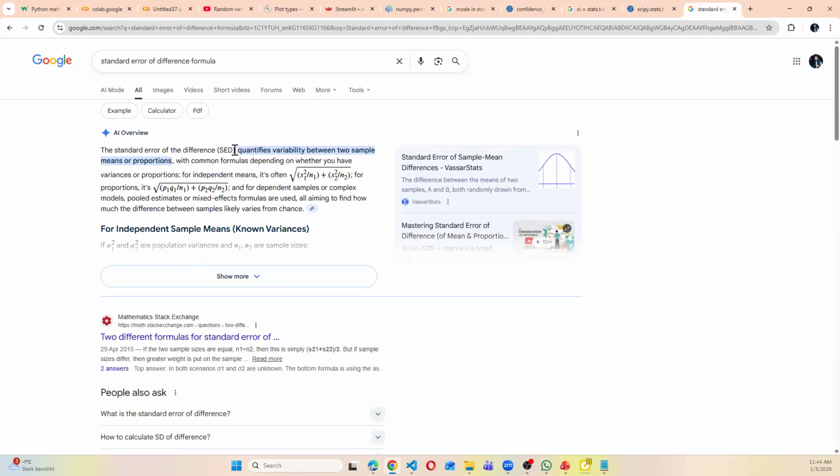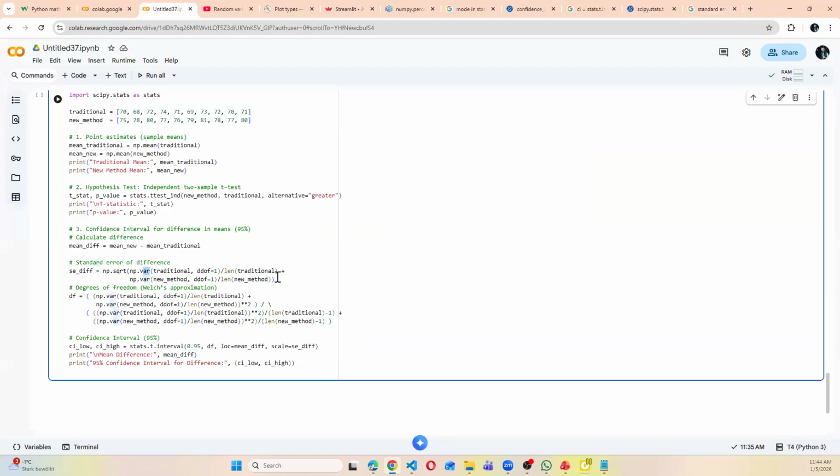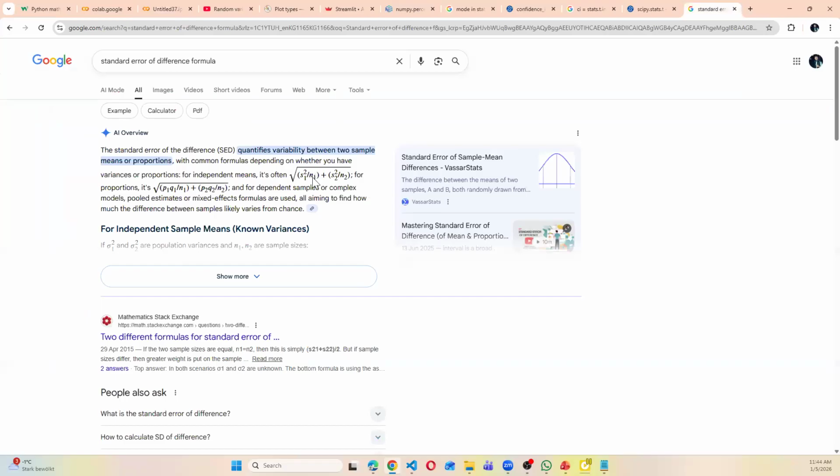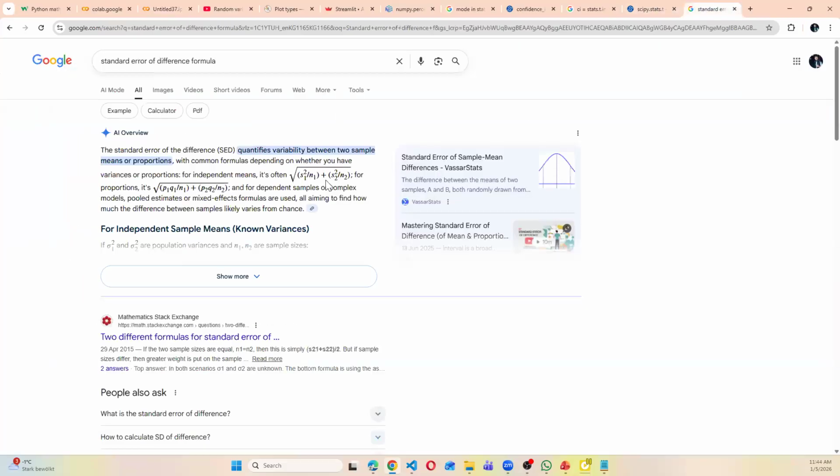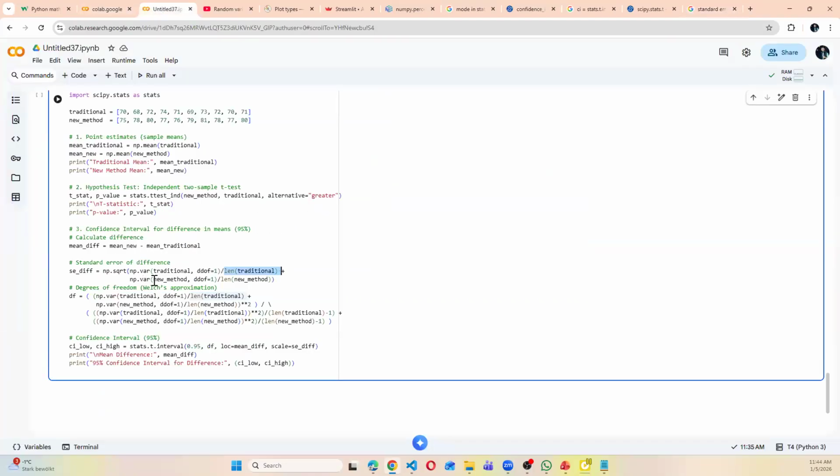This is the variance for this, and then you divide by the length of this one. The length is here, n1. Can you see n1? This is s1, and s1 is the variance. So this is the variance, squared, divided by n1, which is the length of that sample, plus the second one: the variance of the new method divided by the length of its sample.